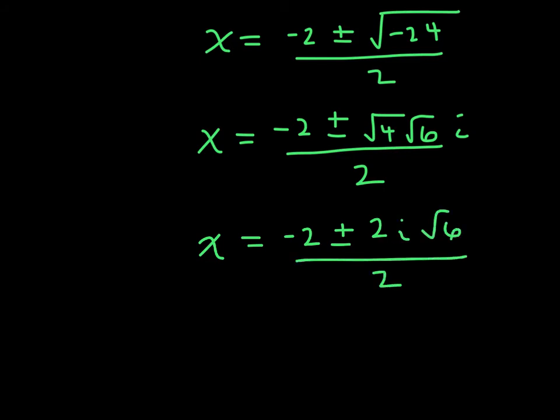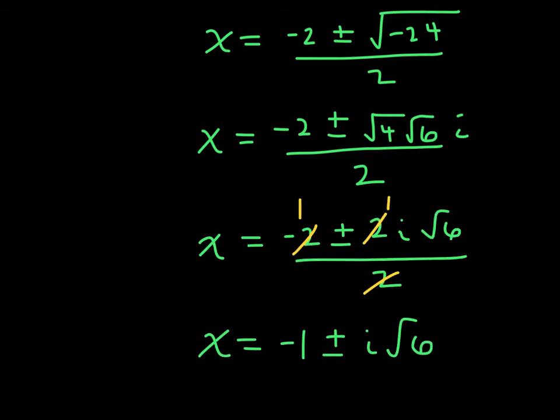Now everything is divisible by 2, so I want you to divide this 2 into this 2 and into that 2, right? And so you're left with x is equal to negative 1 plus or minus i root 6. All right, everybody, I think we found all of our zeros.